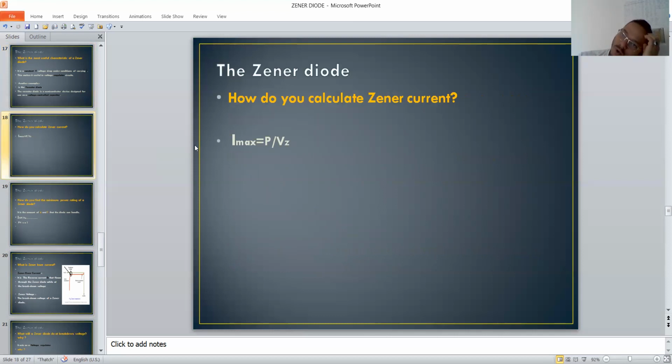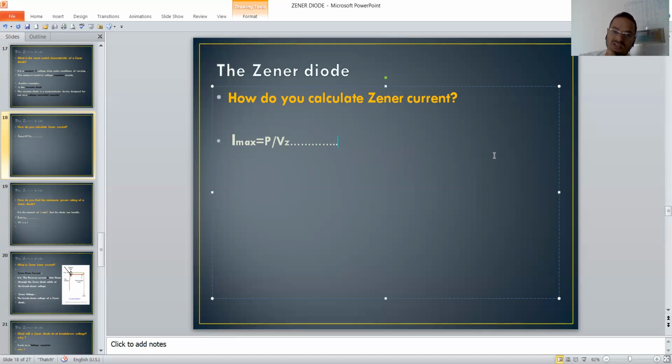This equation is very simple, but at the same time very important to us, because we use it to calculate elements like current, power, or breakdown voltage.